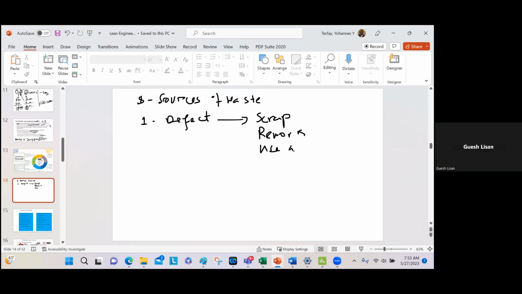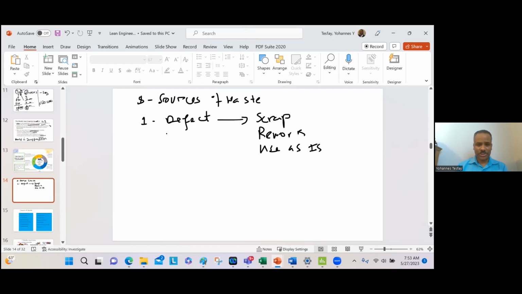Use as is. Okay, these are direct consequences. If we have scrap, then what do we have next? We're going to have sorting, isn't it? Sorting. So what are the costs?